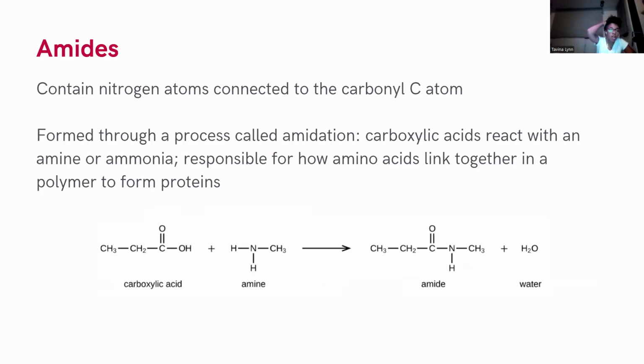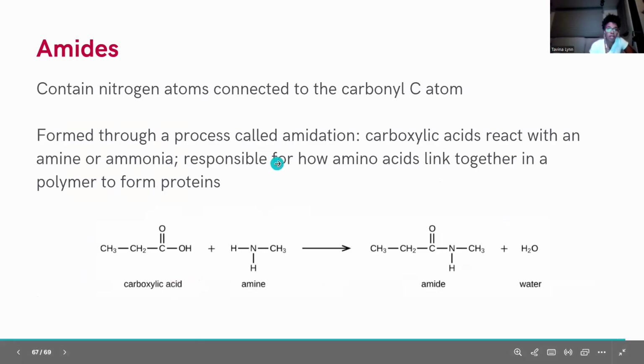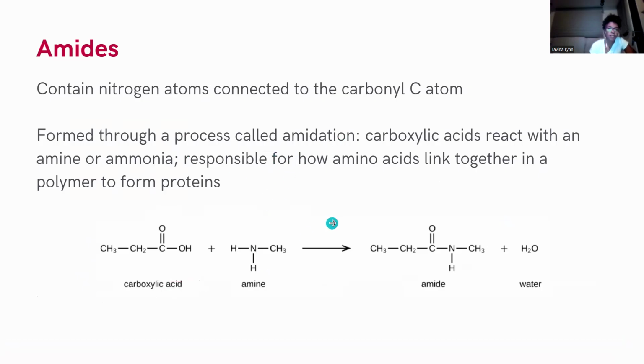Amides contain nitrogen atoms that are connected to a carbonyl carbon atom. They're formed through a process called amidation, where you have a carboxylic acid reacting with an amine or ammonia, right, to form this amide, which is a carbonyl connected to an NH group.